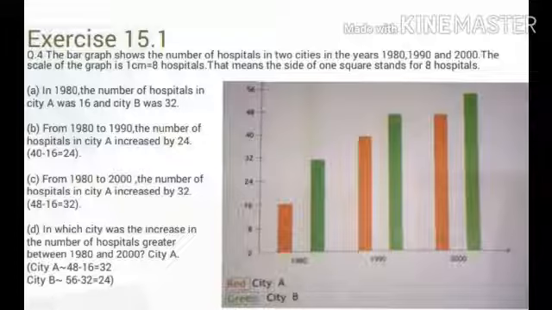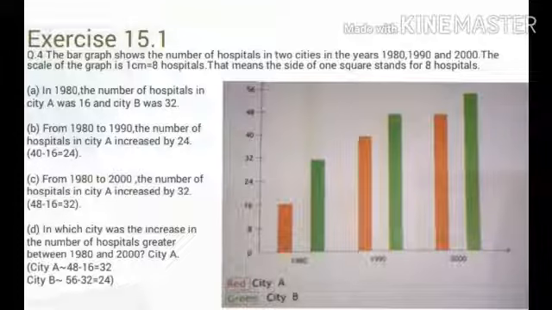So let us read the question. The first question: in 1980, the number of hospitals in city A was, let us see in 1980, how many hospitals were there in city A? Red color is city A and green color is city B. Okay, it is written here. Can you see below here?